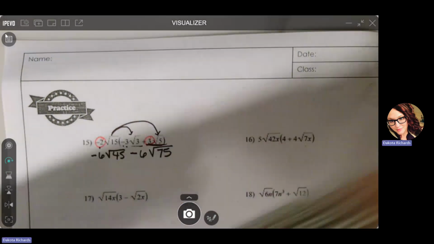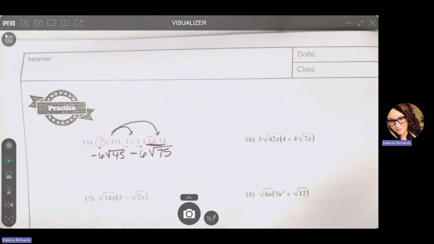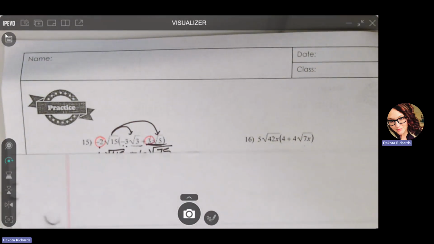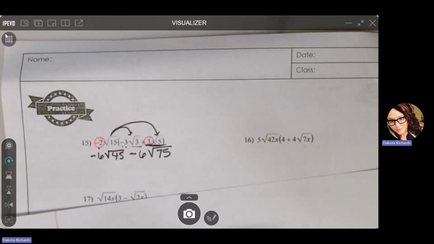Okay, and I'm actually going to switch to a piece of paper as I want to have room. So we ended up getting what? This is number 15. We ended up getting -6 square root 45 minus 6 square root 75.